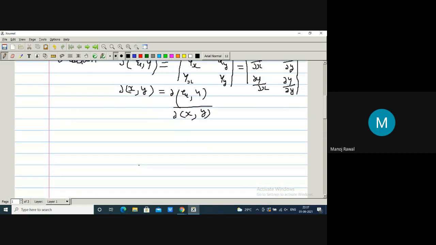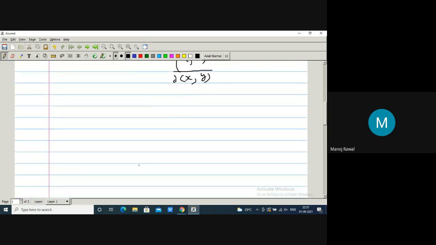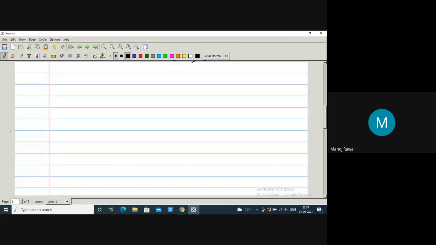Okay, so now the procedure of solving a first order linear partial differential equation. Call it procedure or working rule. This procedure you have to remember.